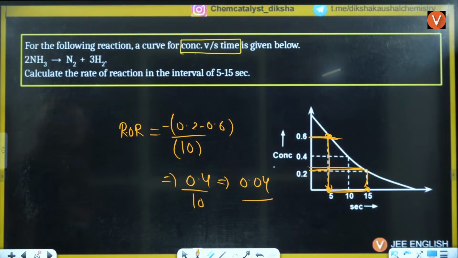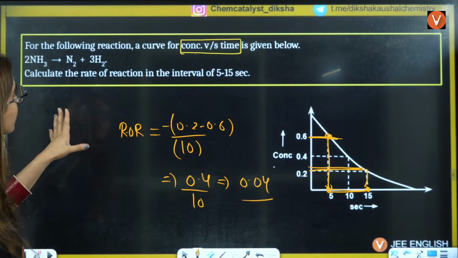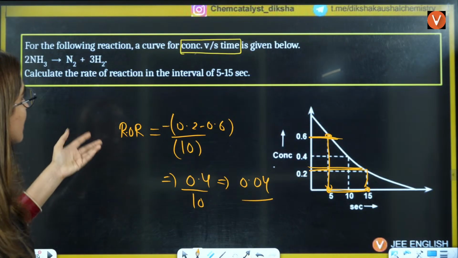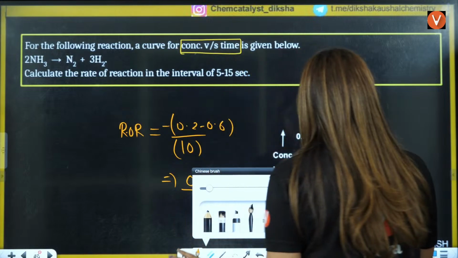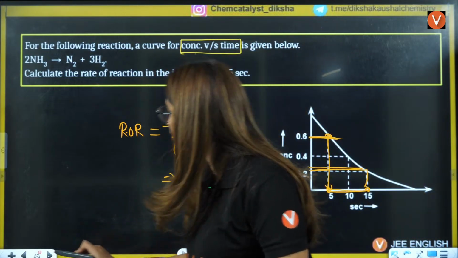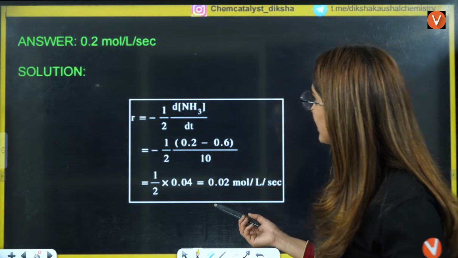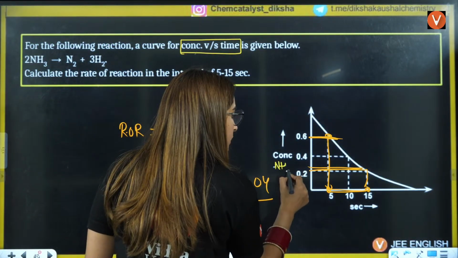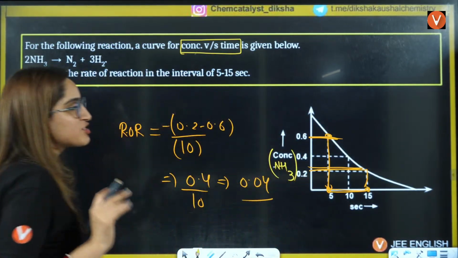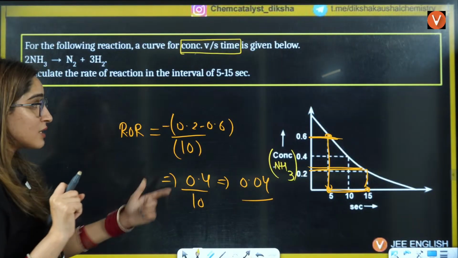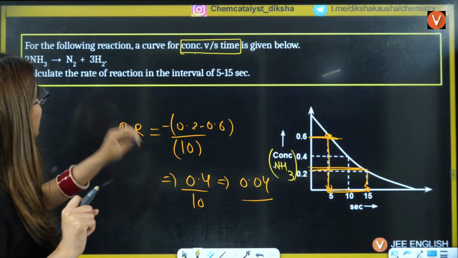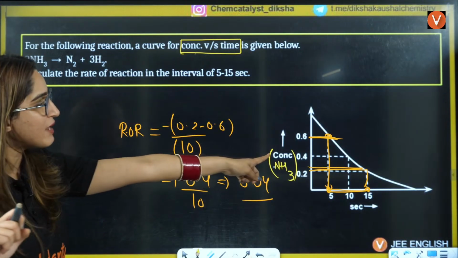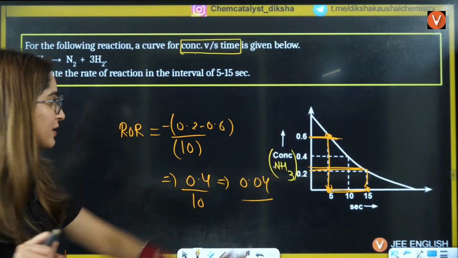That is going to be the rate of disappearance, because now understand one thing: the concentration of which species is given? To calculate the rate of reaction in this interval, concentration of nothing is mentioned here. If they had mentioned it, they should have written the concentration of NH3. Because nothing was mentioned, I was confused, right? They should have mentioned that they are talking about the concentration of NH3.